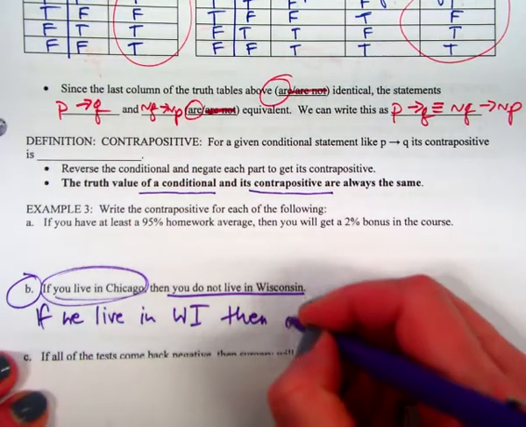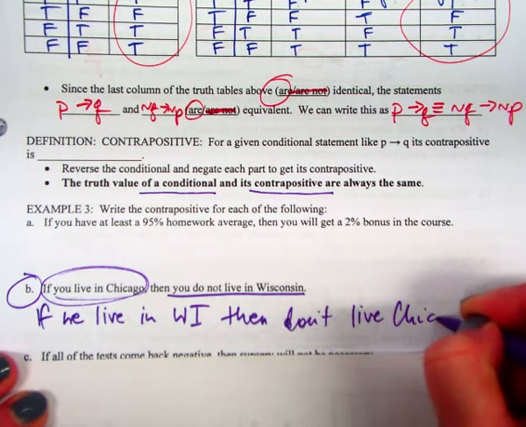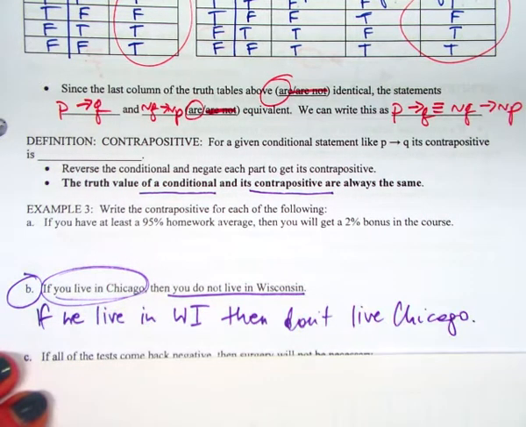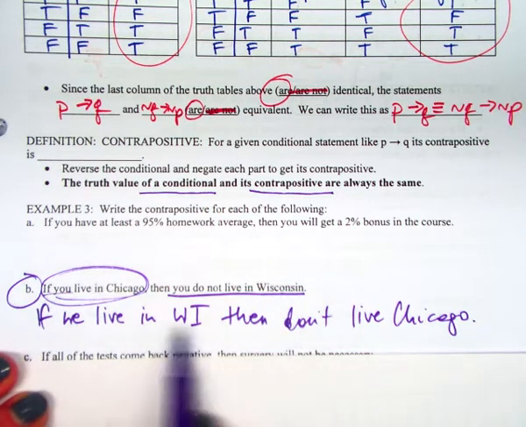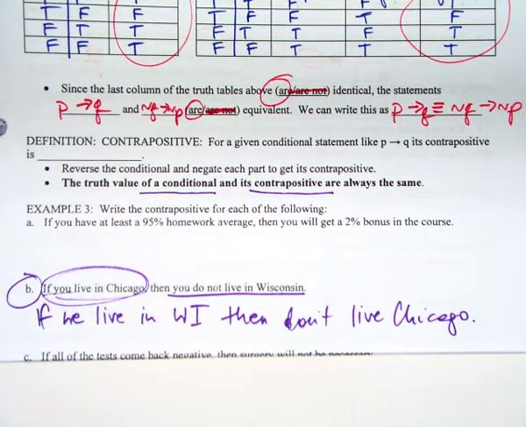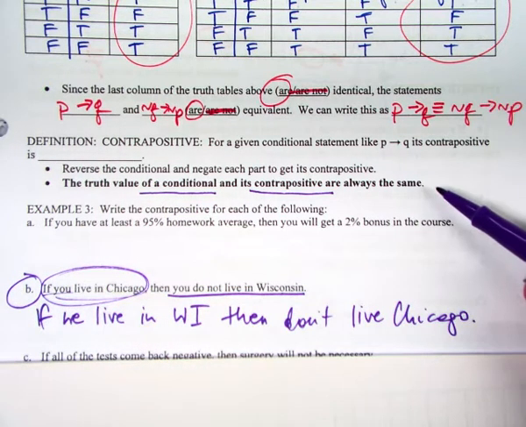You don't live in Chicago. Does that make sense? Is it true? It is, right? If you live in Wisconsin, you don't live in Chicago. So when you say the first conditional and when you say its contrapositive, you're essentially saying the same exact thing, but you're just using different words, okay? So that's why we would say conditional and contrapositive are equivalent because they have the same truth value.